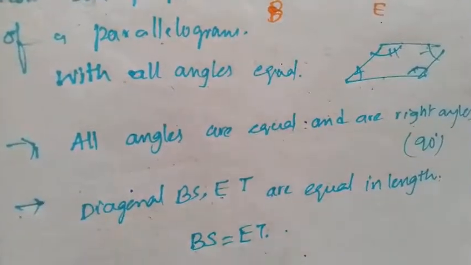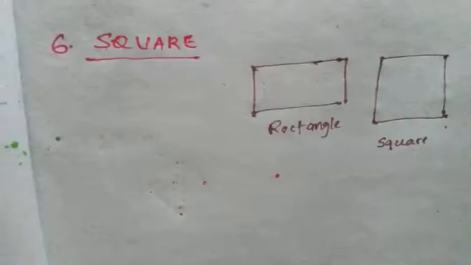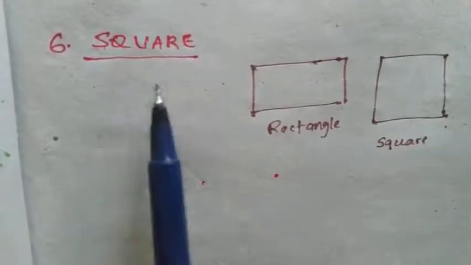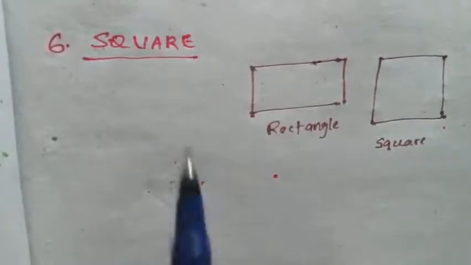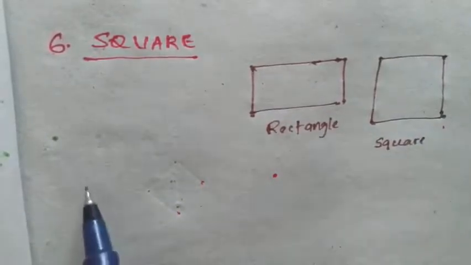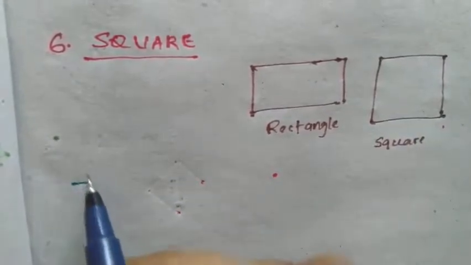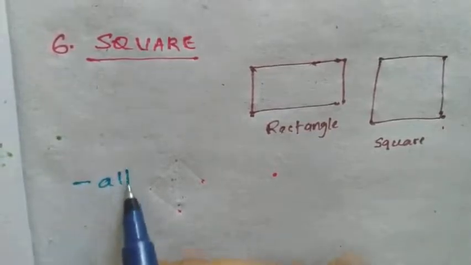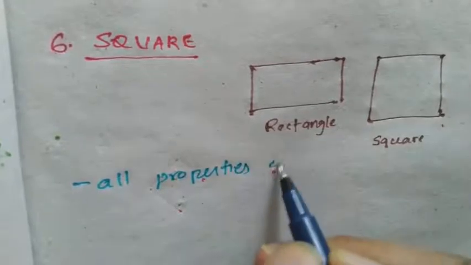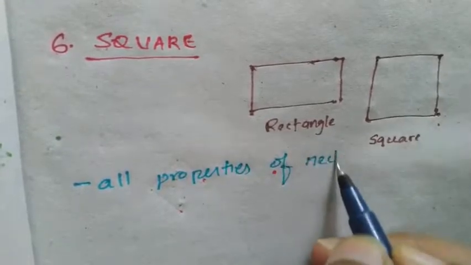Now the next one is the square. See, another most familiar quadrilateral, the square. Now a square has all properties of a rectangle.